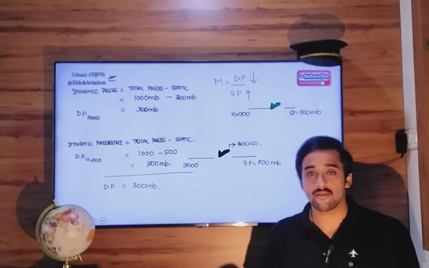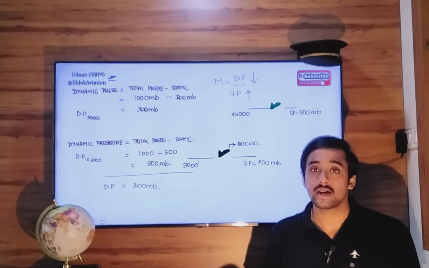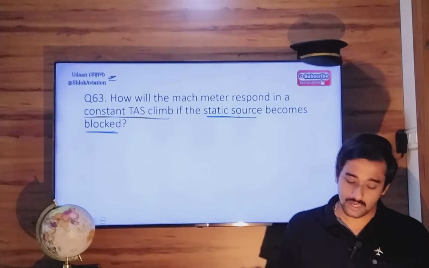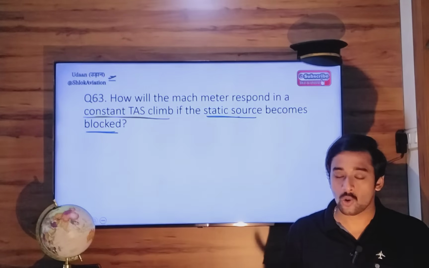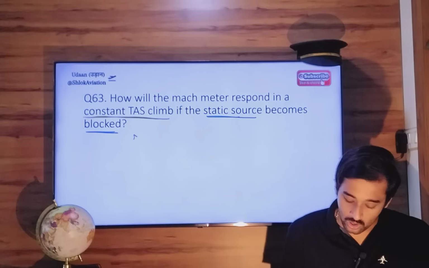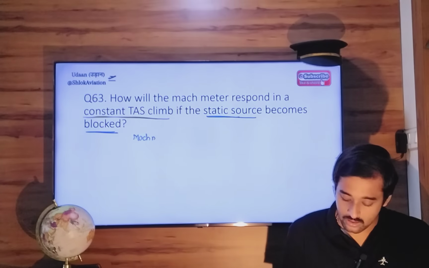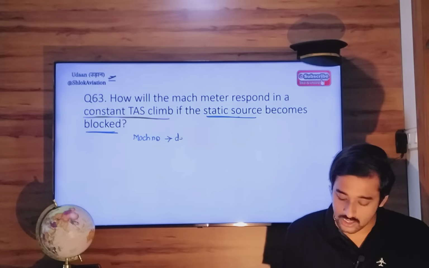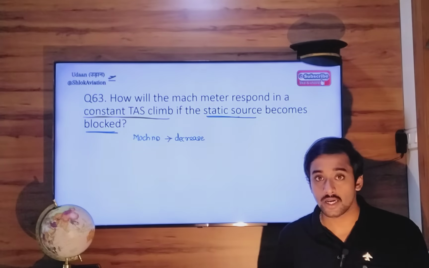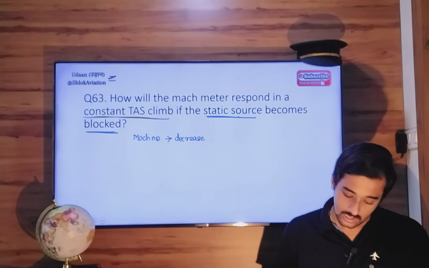But without that, dynamic pressure will lag or will be under reading. So the final answer to this question: how will the Mach meter respond in a constant TAS climb if the static source becomes blocked? The Mach number will decrease. Mach number will show decreasing values. It will underread.